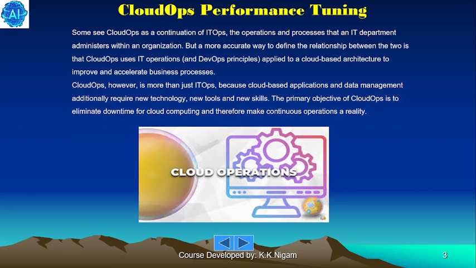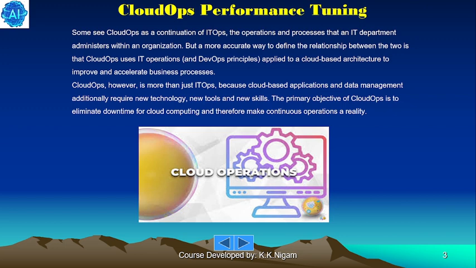Some see CloudOps as a continuation of IT ops, the operations and processes that an IT department administers within an organization. But a more accurate way to define the relationship between the two is that CloudOps applies IT operations and DevOps principles to cloud-based architecture to accelerate business processes.